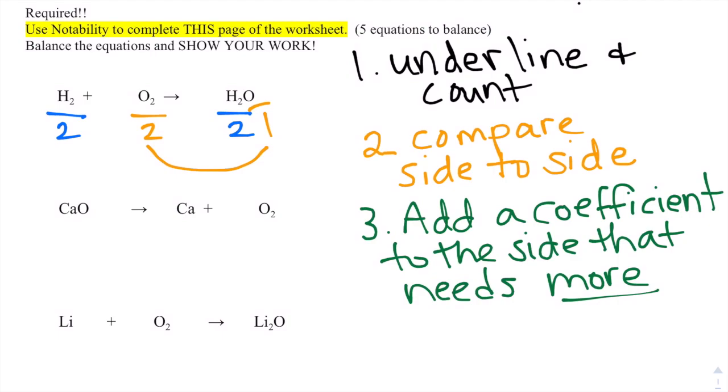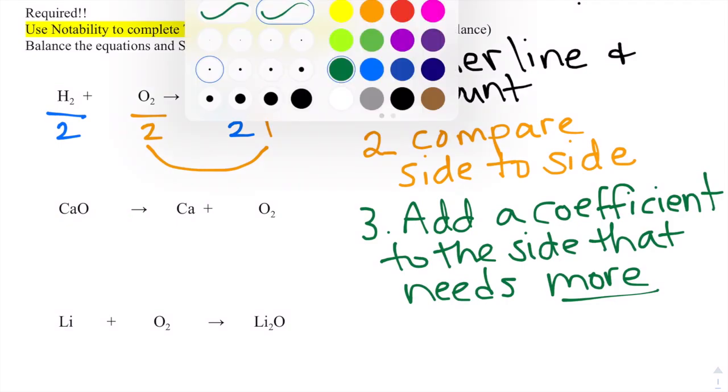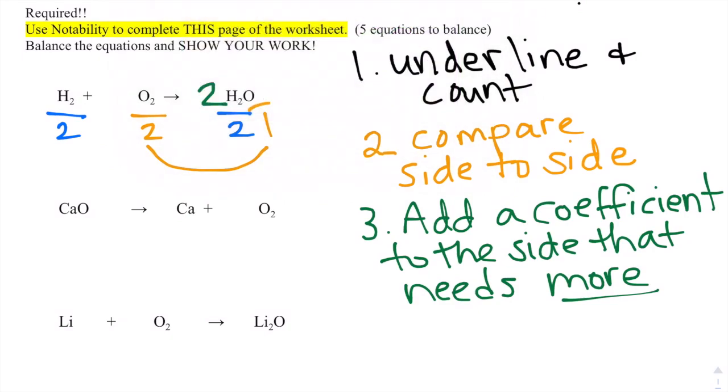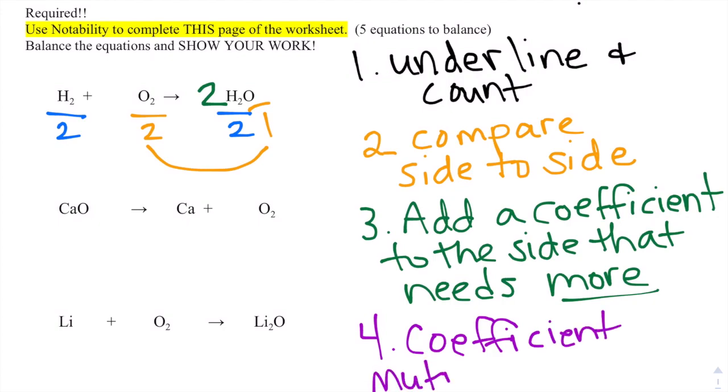I need to make that 1 bigger. So a big number in front is the coefficient, and that multiplies. So when you put the coefficient there, don't forget to multiply. The coefficient multiplies all of the atoms in that molecule.